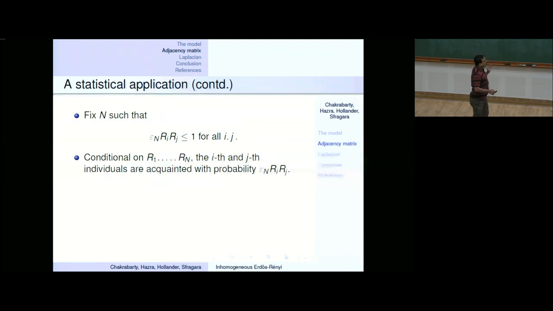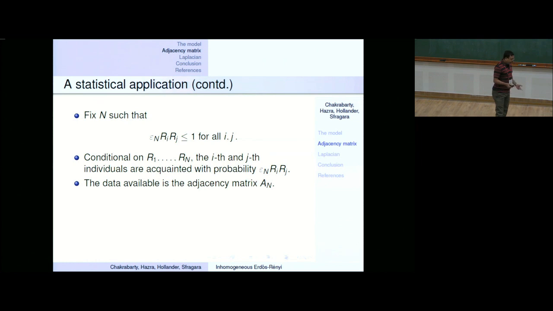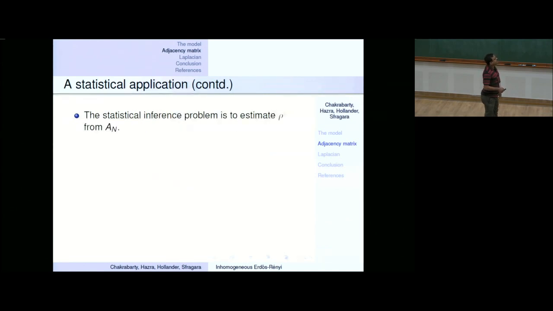So conditional on R1, R2, ..., Rn, I assume that the ith and jth individuals are acquainted with probability epsilon n Ri Rj. And the data that is available is the adjacency matrix An, or matrix of acquaintances. So from that, somehow I have to get back rho. The statistical inference problem is to estimate rho from An.